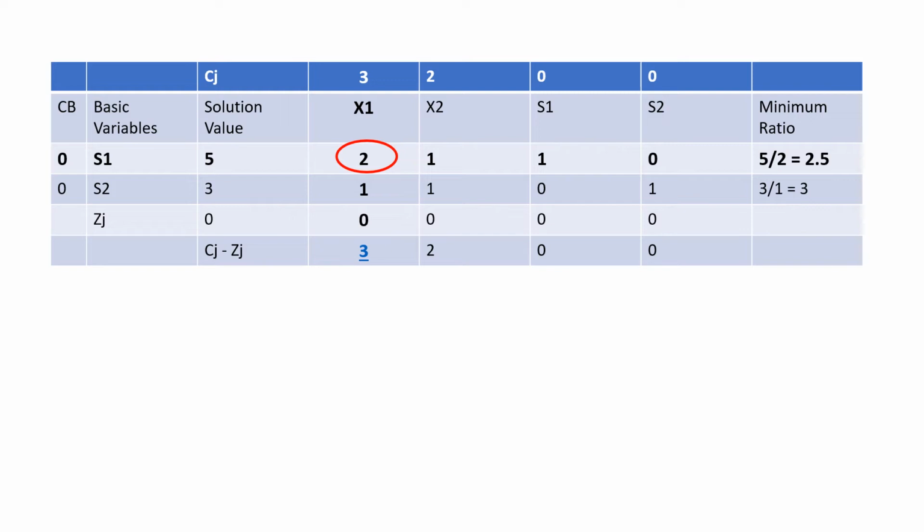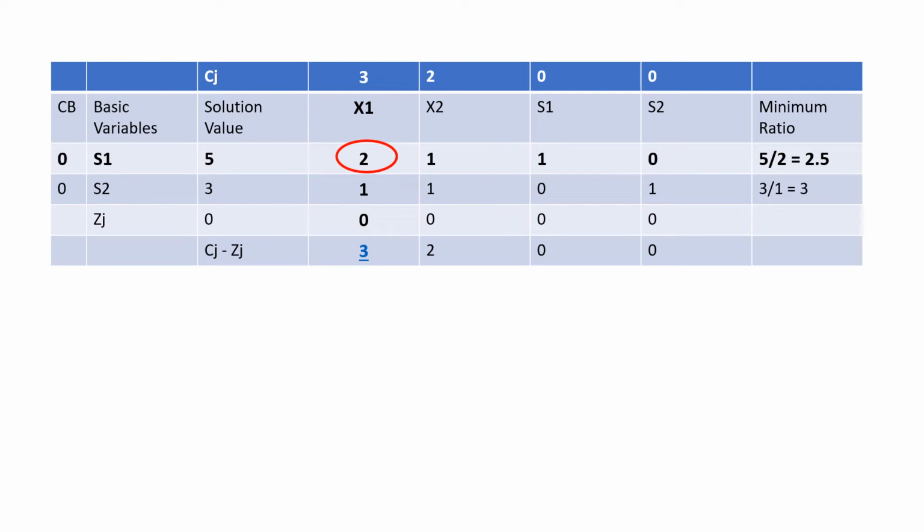The minimum ratio is computed by dividing the solution column element by the corresponding element of the entering variable column. So it is 5 by 2, that is 2.5, and 3 by 1, that is 3.